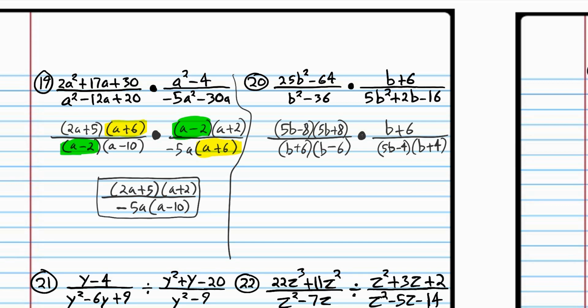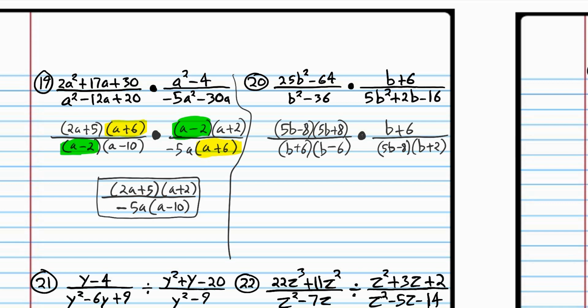So let's see here. We tried 4 times 4, now let's try 8 times 2. So the outside would be 10b, the inside would be negative 8b. 10b minus 8b is 2b, so it looks like that's correct. So let's just double check everything. Everything looks right.